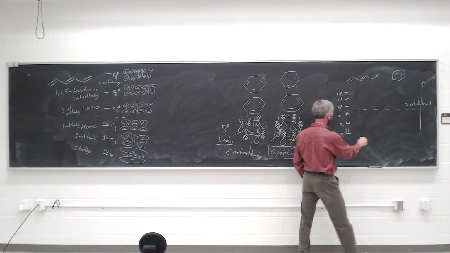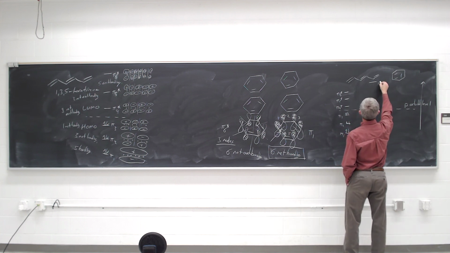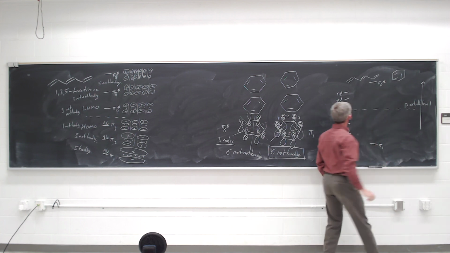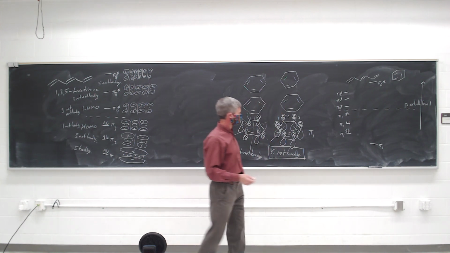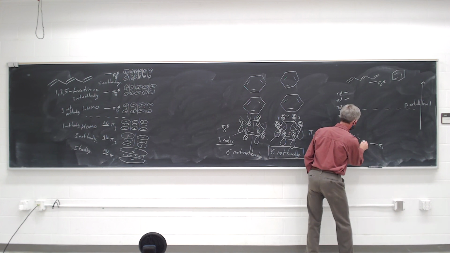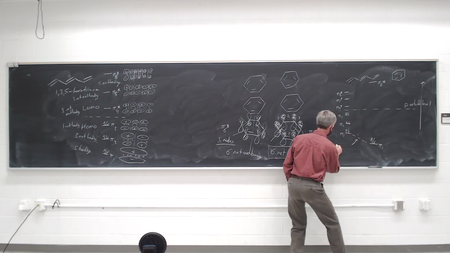Hopefully those are roughly evenly spaced. And now for this system, we drop pi 1 and we raise pi 6. The fact that we raise pi 6 isn't really important because it's empty. But the fact that we drop pi 1 does matter.